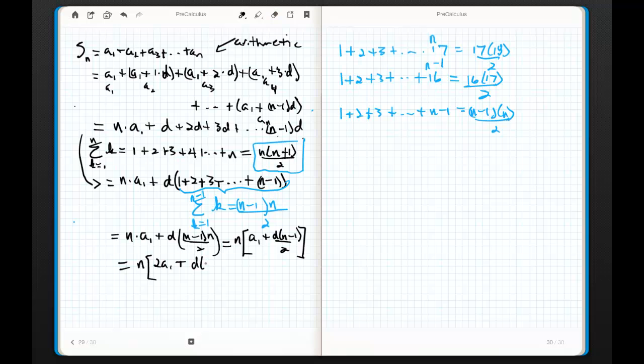The whole thing over 2. And then if I factor out the 2, I end up with n halves times 2a1 plus d times n minus 1. Now, isn't that clever? That's the formula.